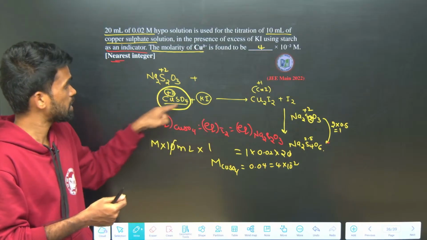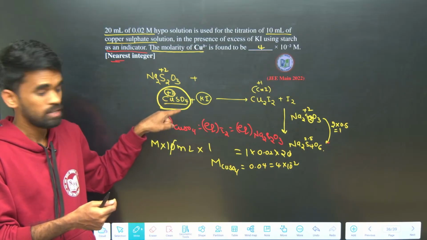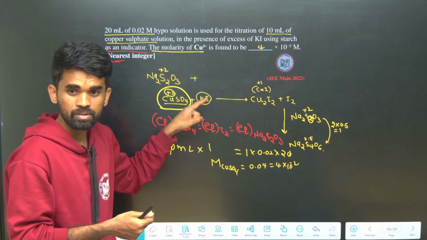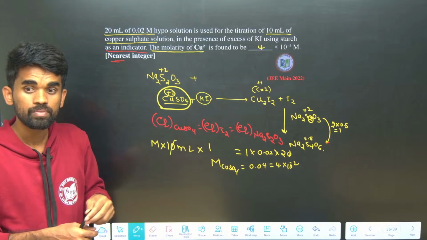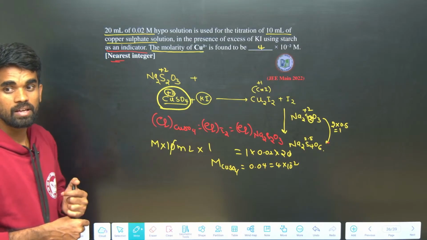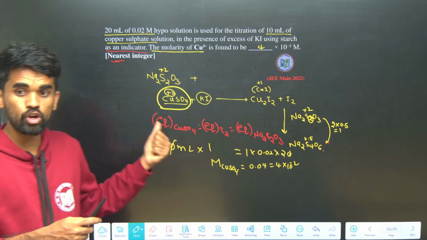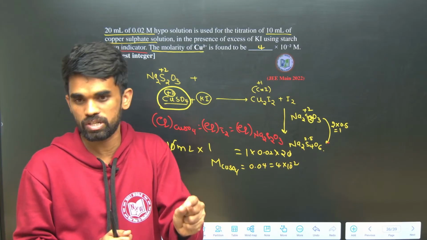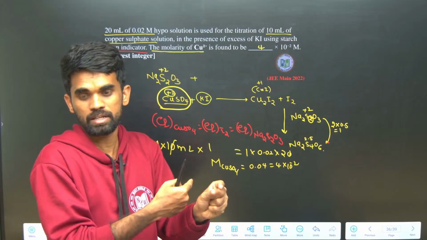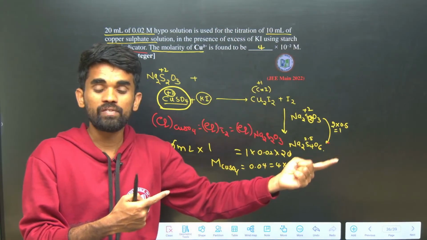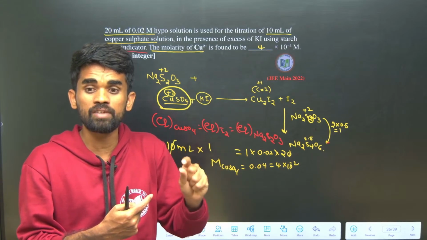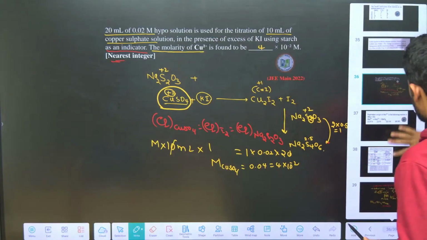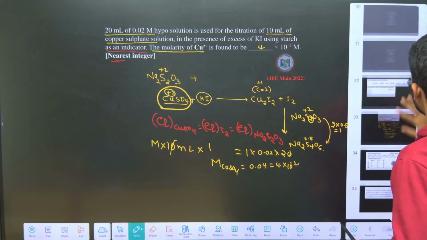We haven't directly calculated the concentration of iodine or copper sulfate. We just treated it with KI. In the iodometric method, we can estimate the concentration or strength of an oxidizing agent. In iodimetric, we can estimate the concentration or strength of a reducing agent. That's it. Next, one more thing here.